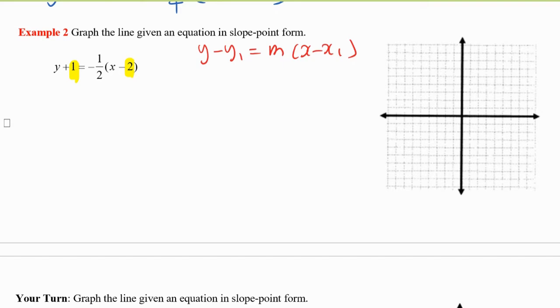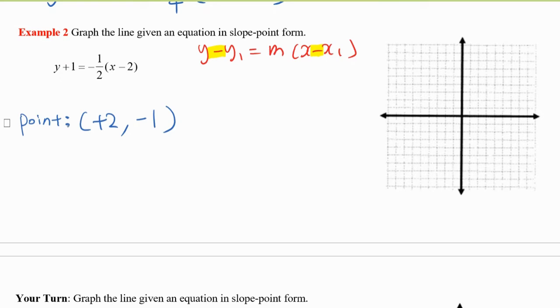But remember that because of the existing negative, we have to change the sign. So this -2 becomes +2. So this is x1, but you have to change the sign. So this -2 becomes +2. And this +1 becomes -1. So this is the point.